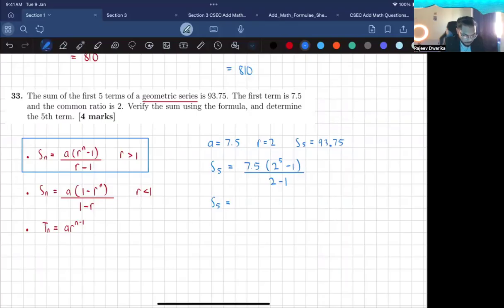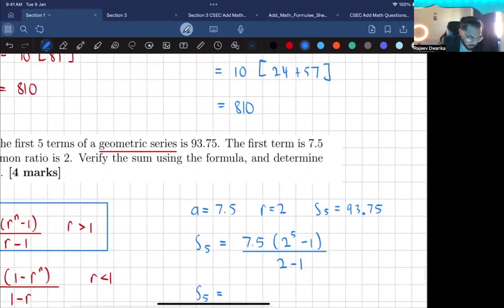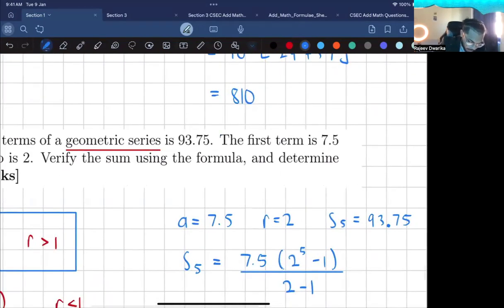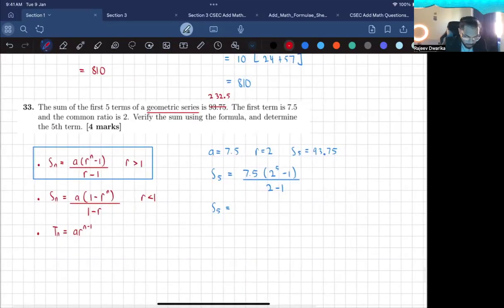So there's an error with this question. Let me just make the appropriate changes. Right? So the sum, I'll just change this to 232.5. We're going to call it that because we're getting that. All right. Annalie, Kira, Javon, just verify this again, 232.5.